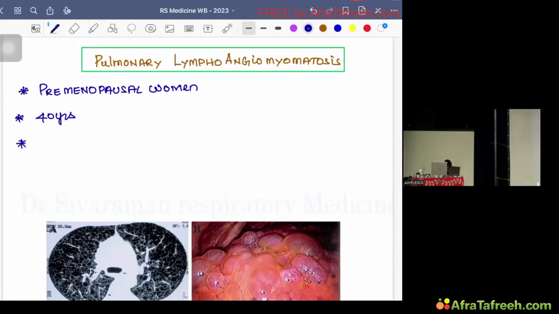Usually the cause is idiopathic, but it is associated with tuberous sclerosis gene mutation.